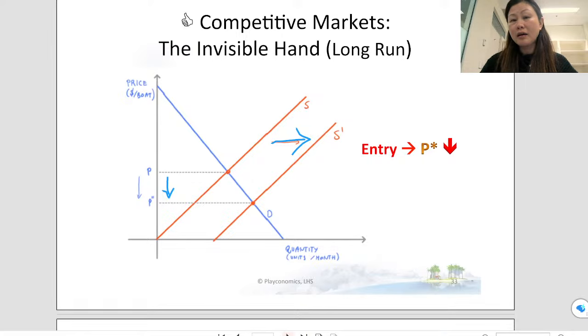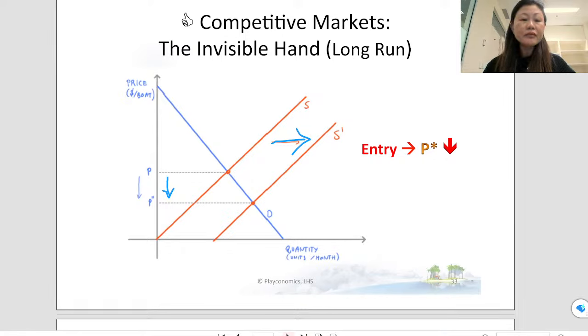Remember, in a perfectly competitive market, all the suppliers have perfect knowledge. So there are no secrets as to how you make yourself more efficient or how you utilize technology better. Everybody knows the secrets of everybody else, and that's one of the assumptions of a perfectly competitive market.